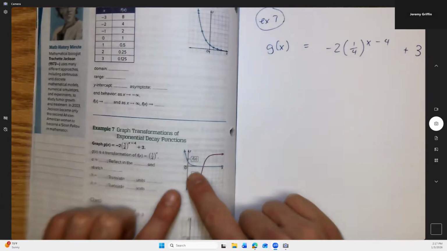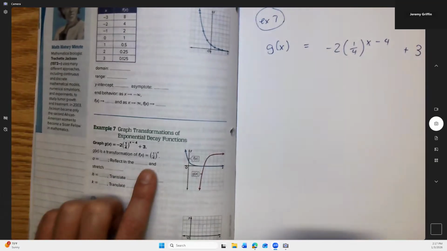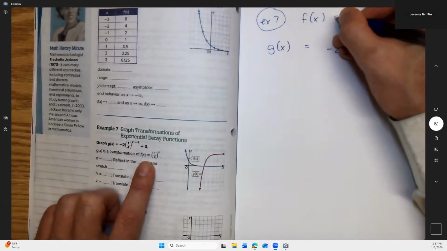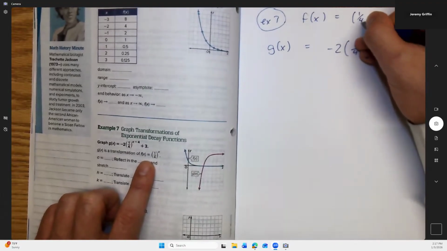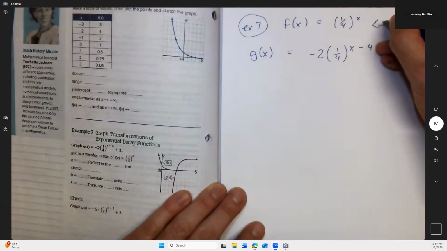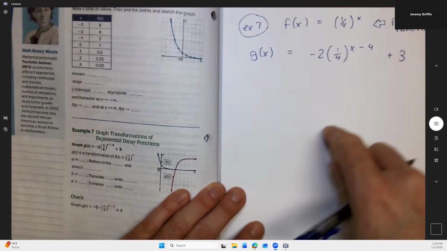Well, there is this blue f of x function, the parent function. So f of x is just 1/4 to the power of x. There's your parent function right there.